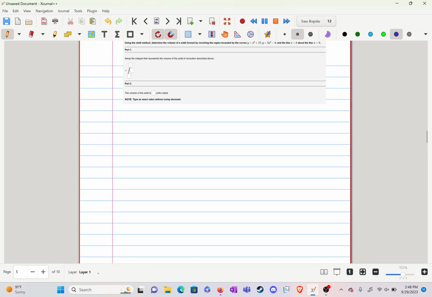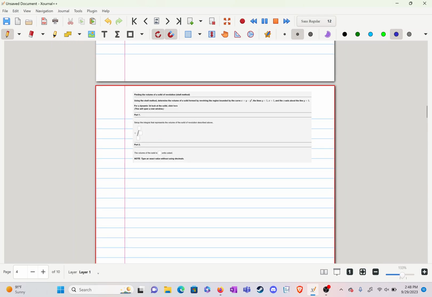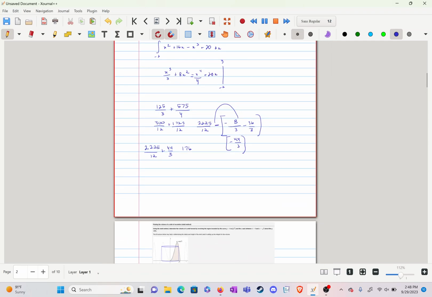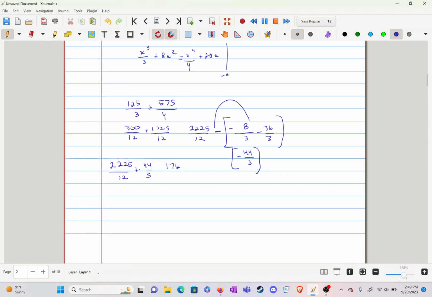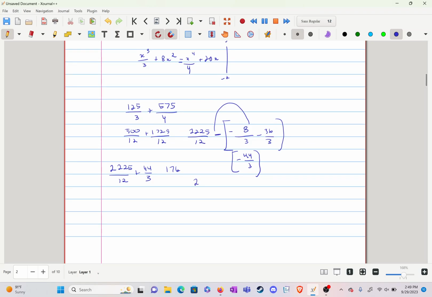Oh no, I've messed up my pages somehow. I'm going back. There we go. So 44 times 4 is 176. 176 plus 2225 is 2,401. 2,401 divided by 12.